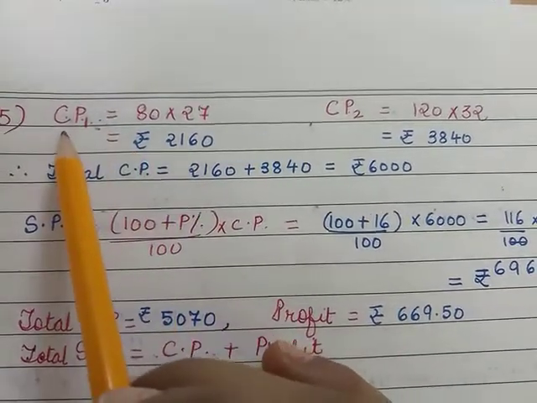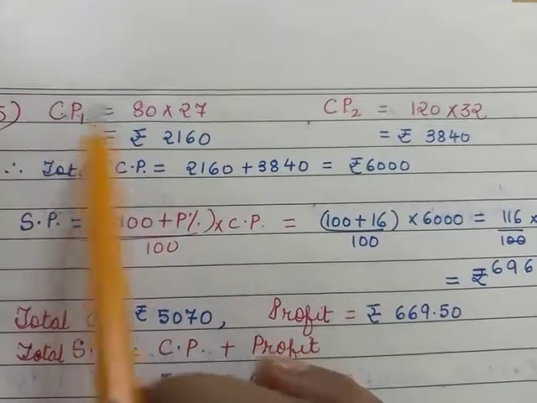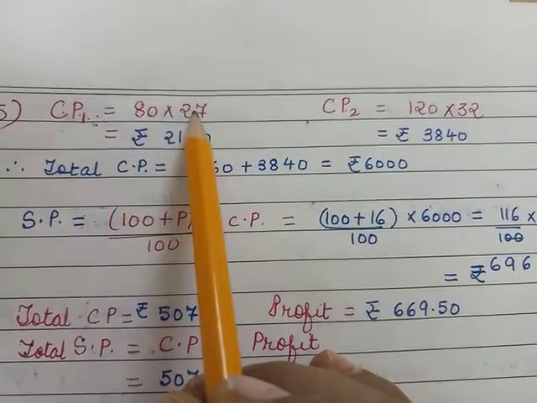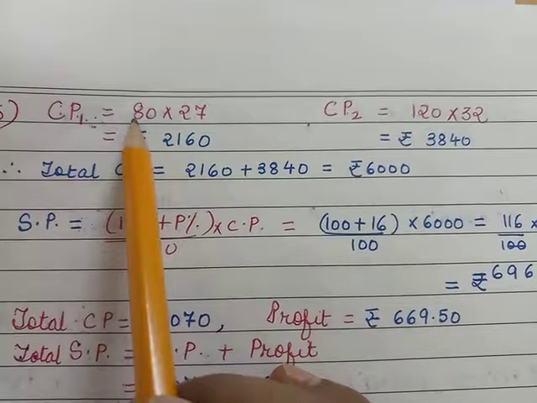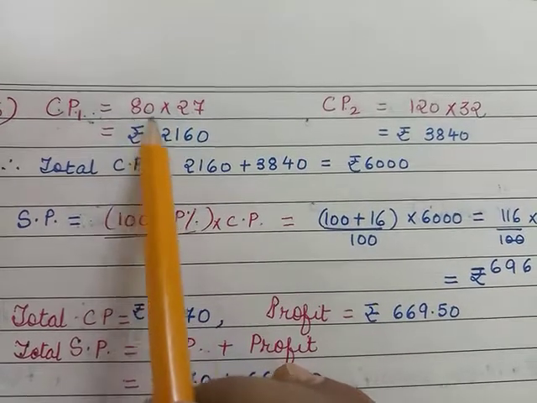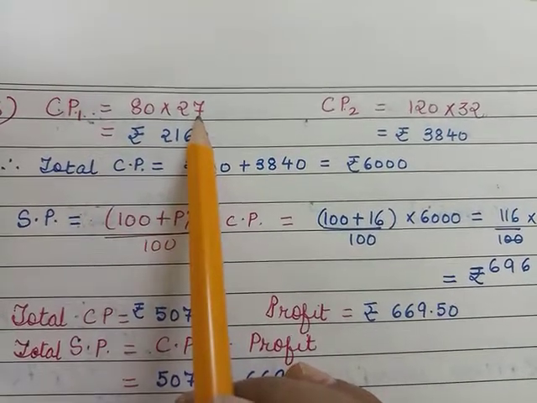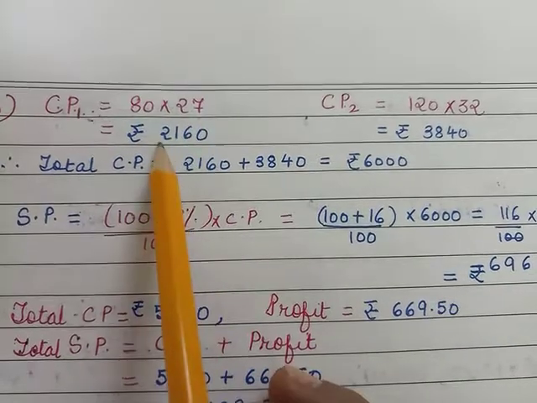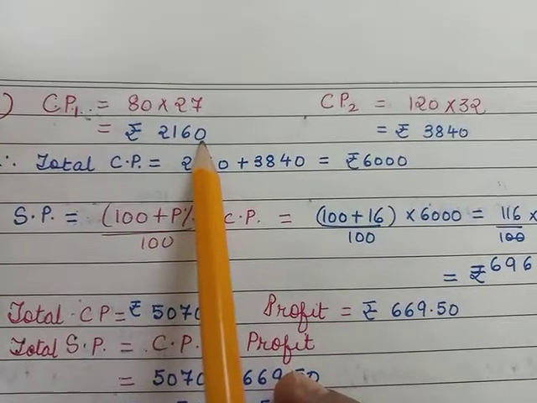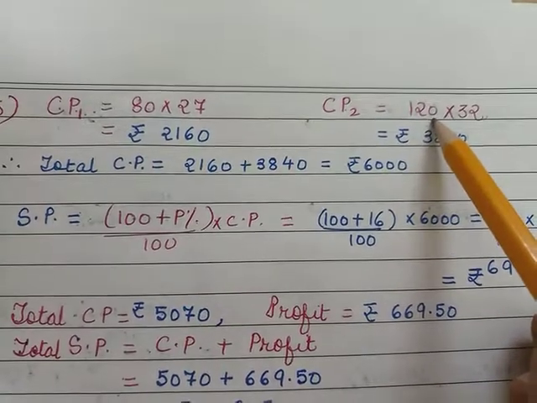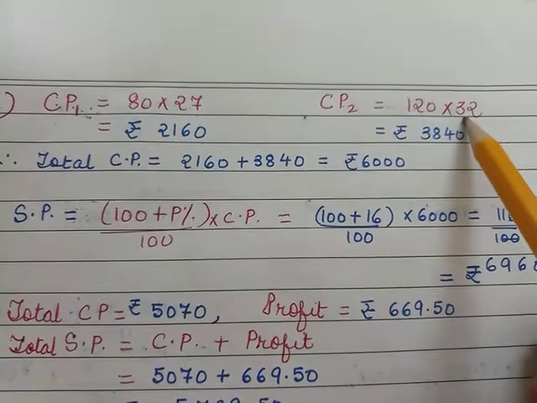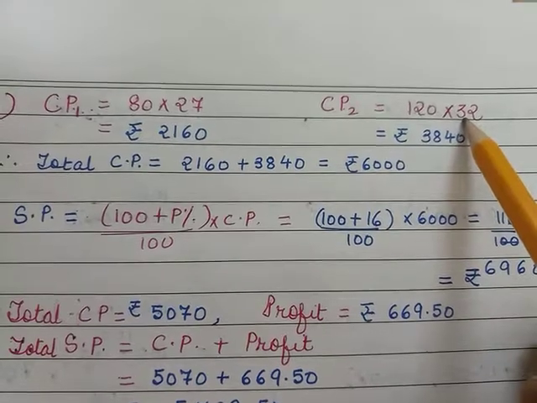So the first type of rice is rupees 27 per kg, and he is purchasing 80 kg of such rice. So the total money paid for the 80 kg of rice is 80 into 27, that becomes 2160. Another variety of rice he is purchasing at 32 rupees per kg, and he is purchasing 120 kgs of such rice.